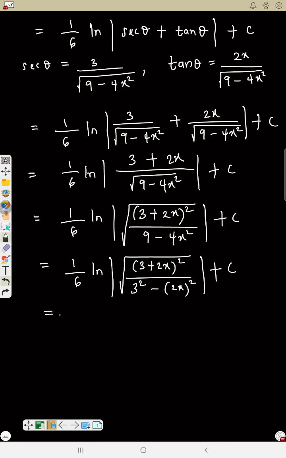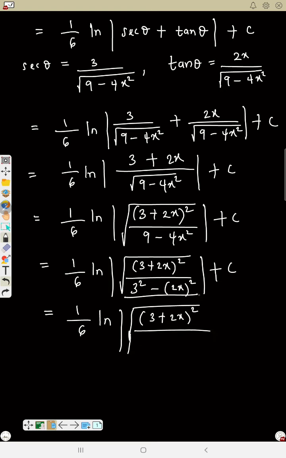So this is the same thing as 1 over 6 ln square root of (3 plus 2s) squared divided by, now this is a difference of two squares, so it becomes (3 plus 2s) and again (3 minus 2s), plus c.